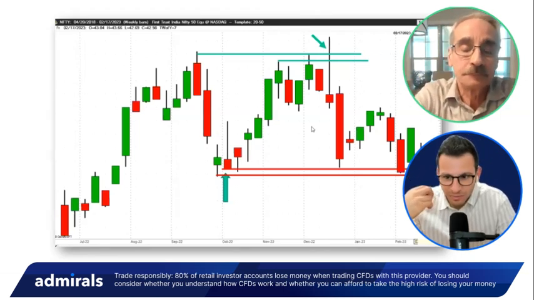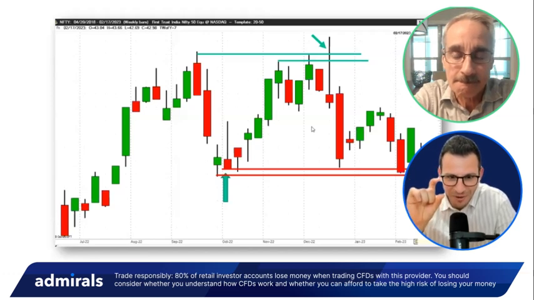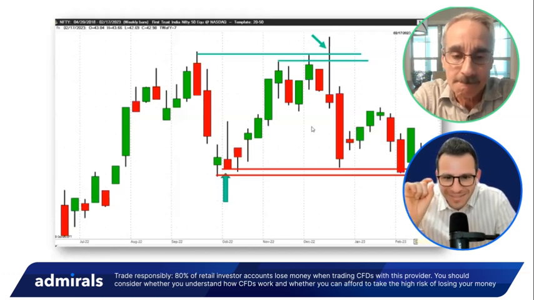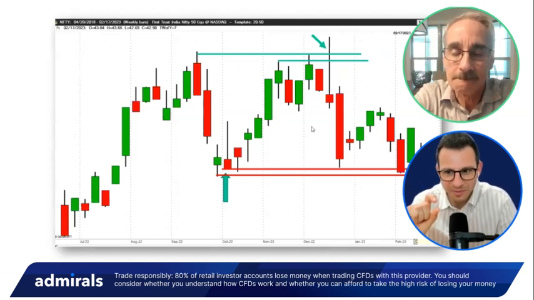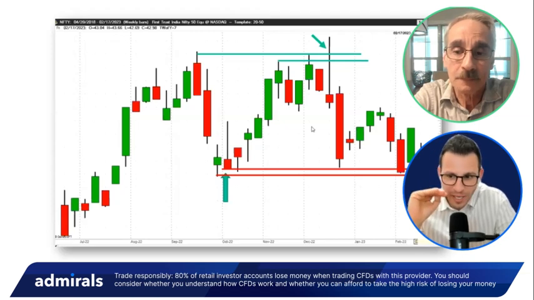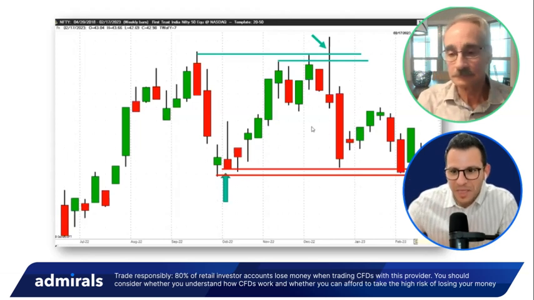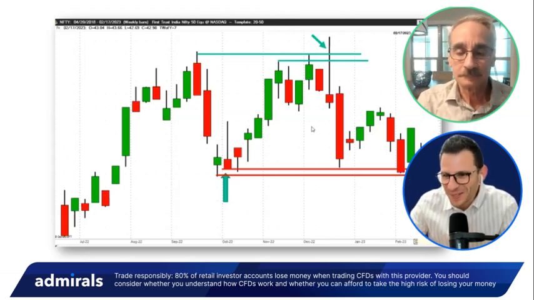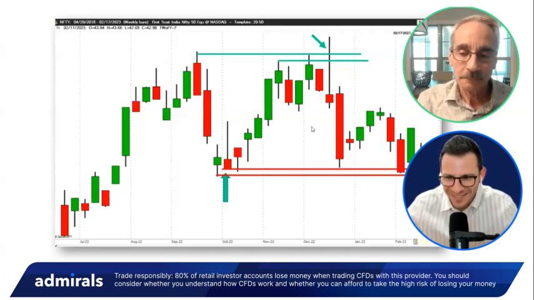A long upper tail rejection candle like this one here, but not at resistance, somewhere else at support. Unfortunately, many traders took the trade. And that's something else I would like you to put some emphasis on, if you don't mind.